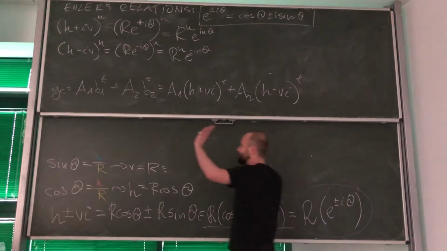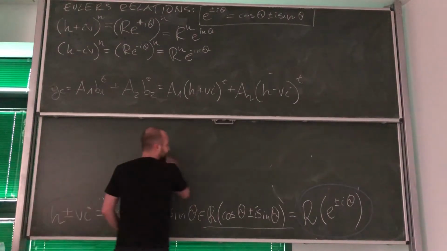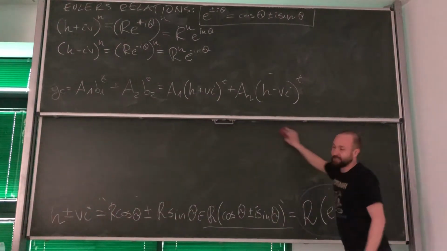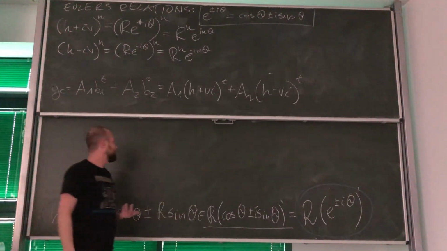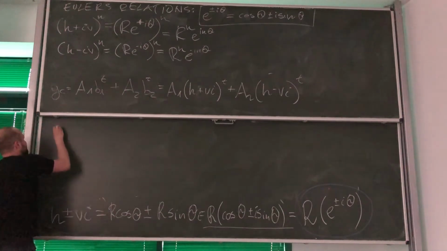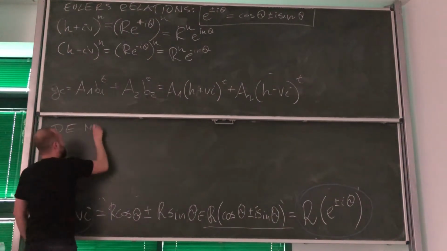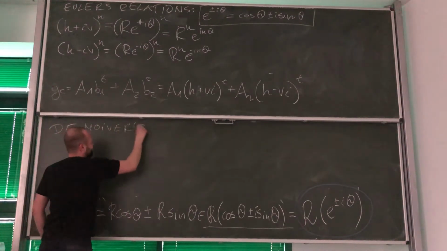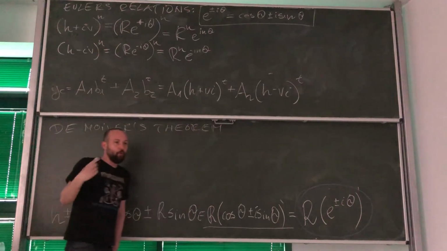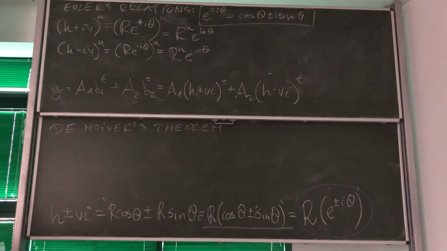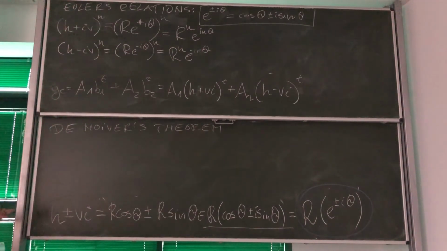I'm going to spell it just once because I think I came as close as I could to this French sounding name, but we've got the Moivre theorem. Okay, so what is this theorem all about? Basically, it combines everything that we've already stated.